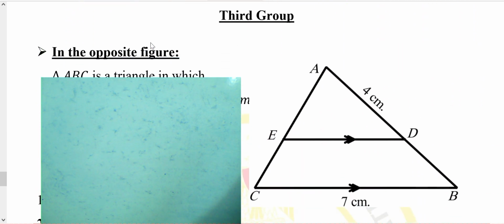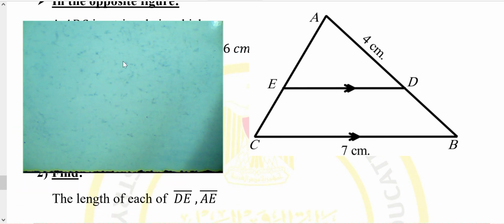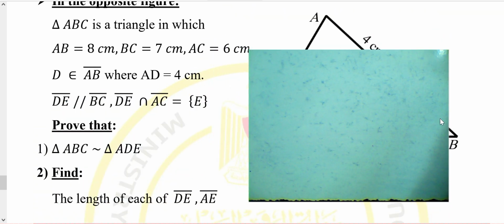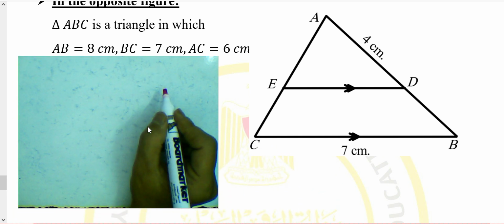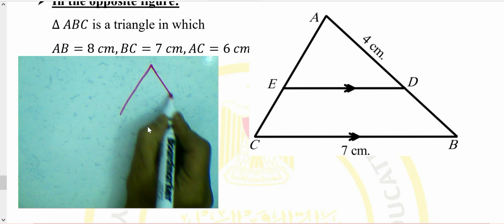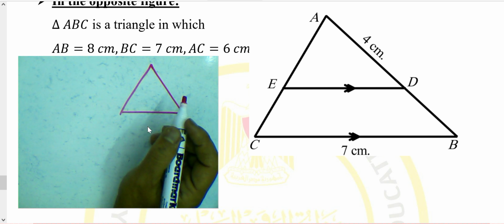Next question. Third group. ABC is a triangle. You want to prove that the two triangles here are similar. Okay, this triangle I will draw here because he gives us the information not in the drawing. Side length AC is 6.